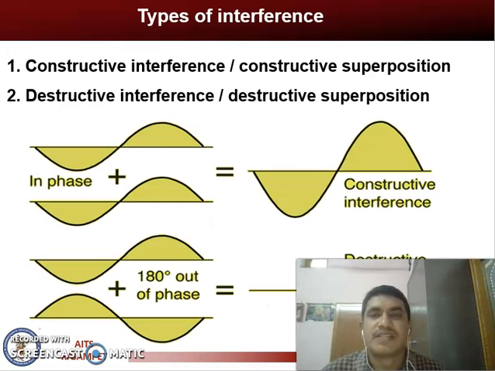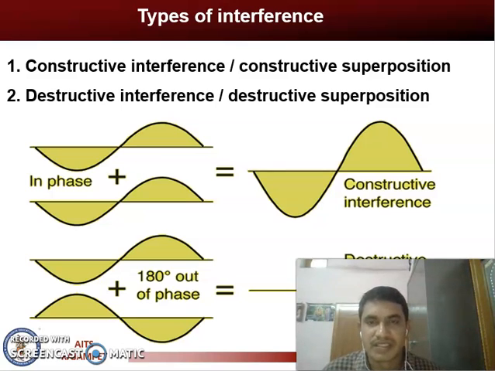Types of interference. There are two types of interference: constructive interference and destructive interference. Constructive interference is due to the constructive superposition of two or more waves, and destructive interference is due to the destructive superposition of two or more waves.